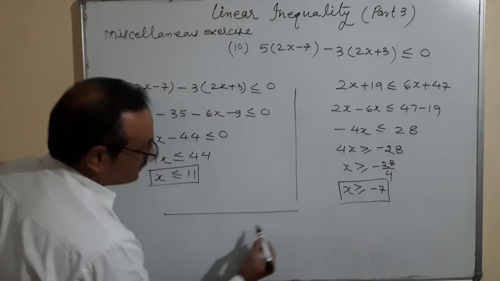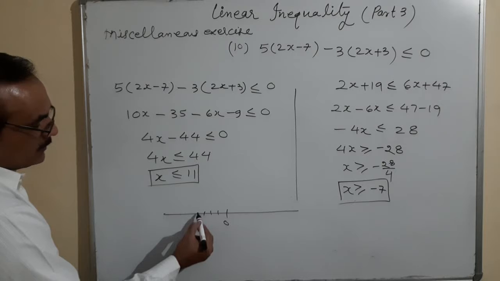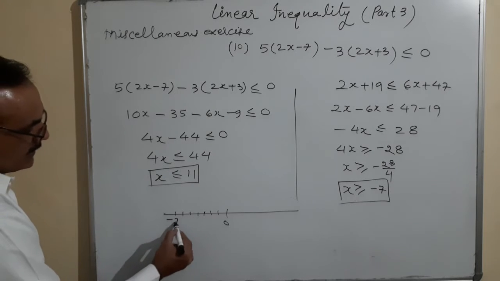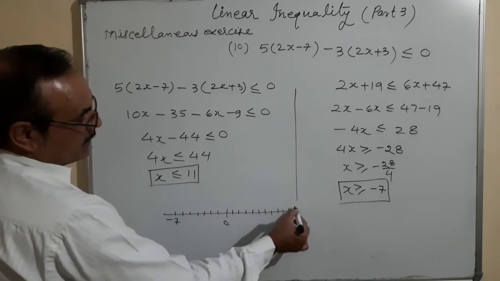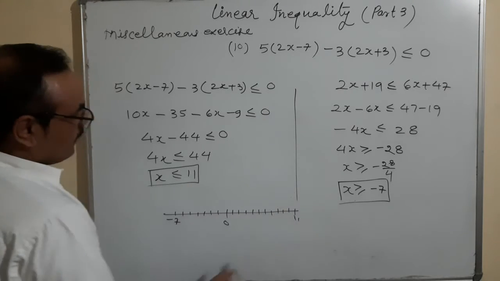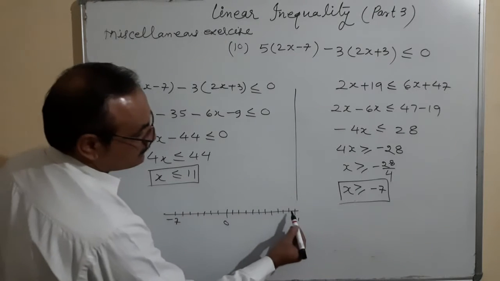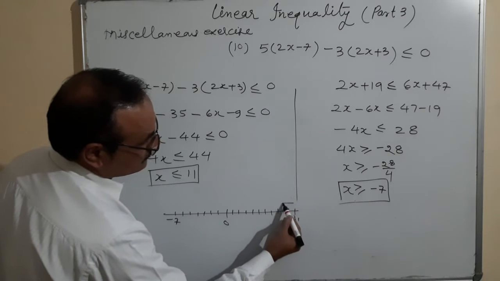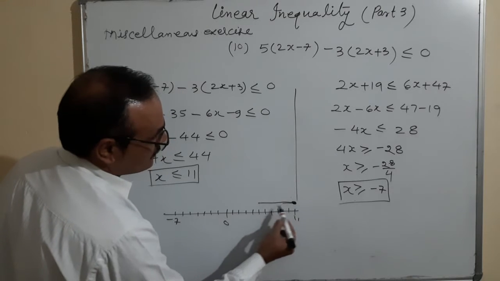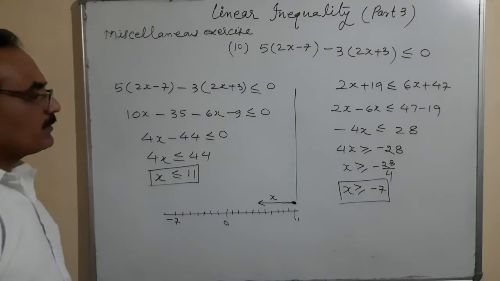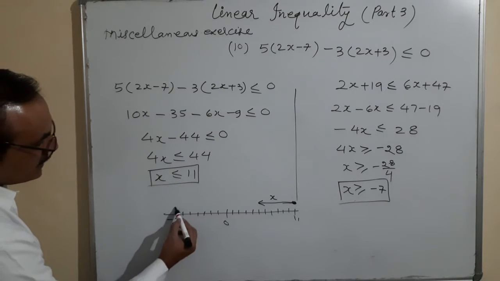Now let us see what the picture on the number line is. Minus 7, 1, 2, 3, up to 11. This is 11. What is the condition? x is less than or equal to 11, and here x is greater than or equal to minus 7.